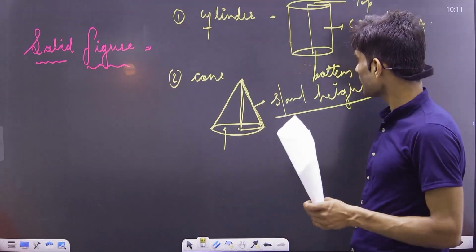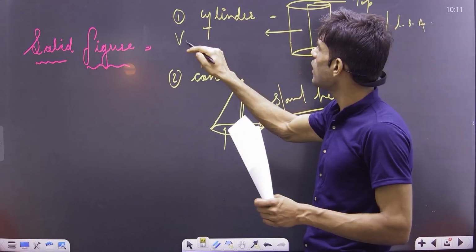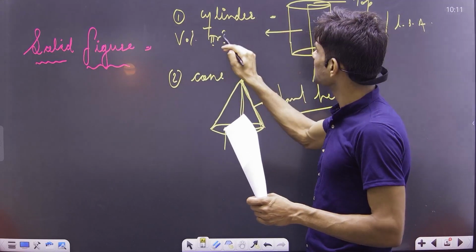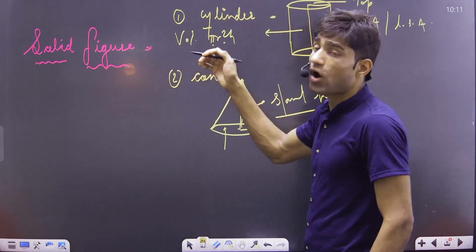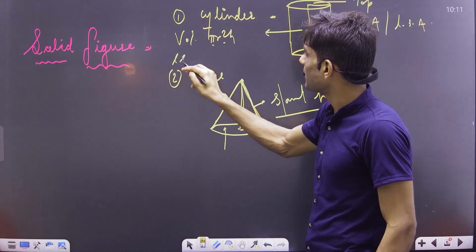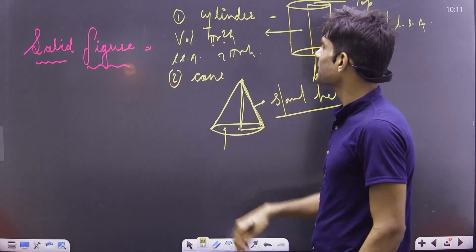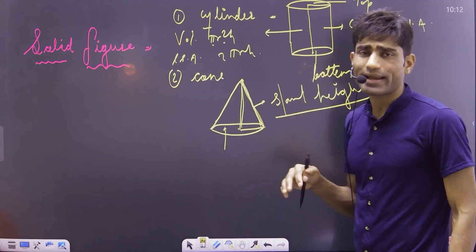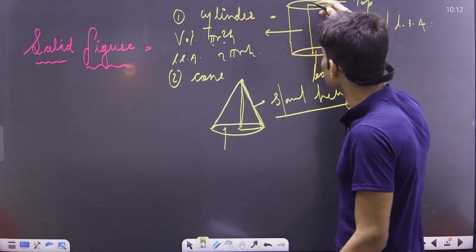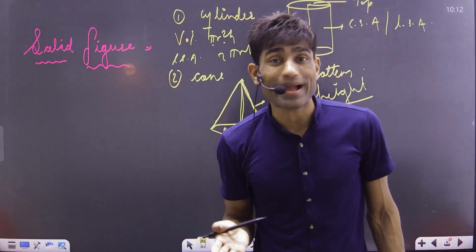So in the case of a cylinder, we have volume pi r square h. For the curved surface area or lateral surface area we have 2 pi r h. The total surface area means the area of the top, which is a circle, so the area of a circle is pi r square.